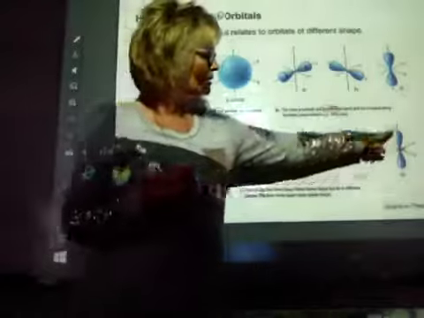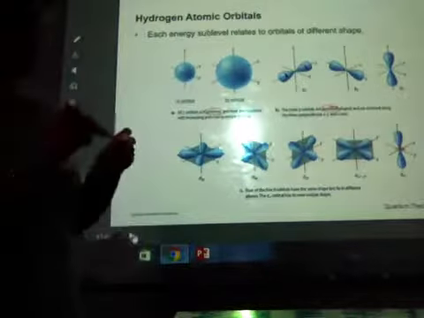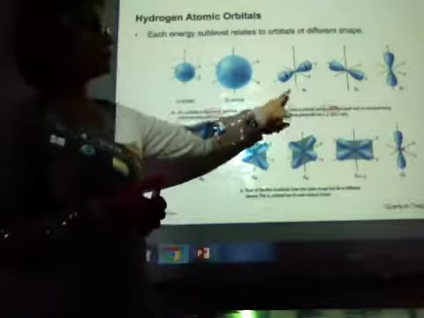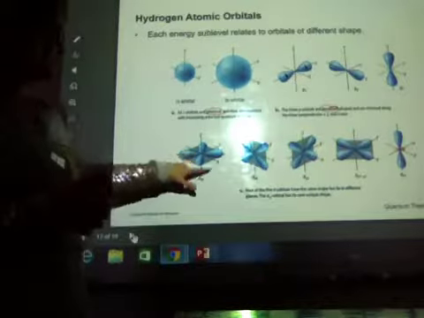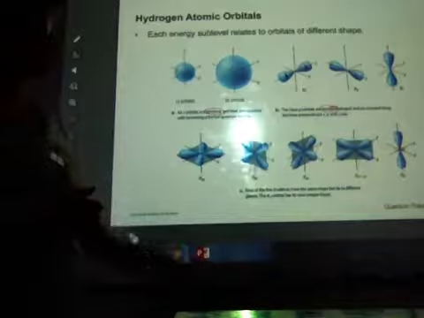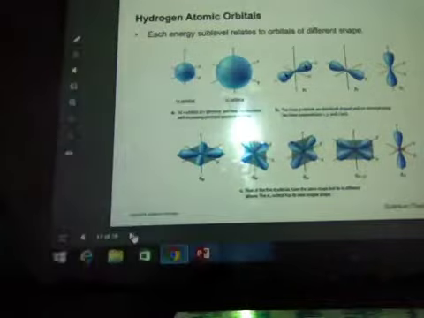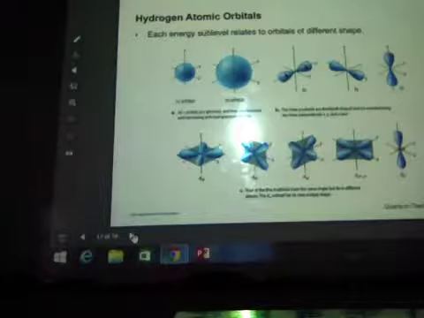And then I have a special one for my fifth d orbital. So spherical, dumbbell shaped, and what I would call clover leaf with the plane that goes with it. I expect you to know the shape of an s, a p, and a d.